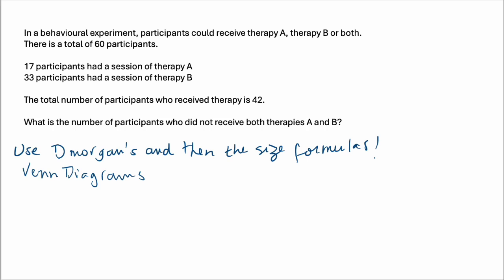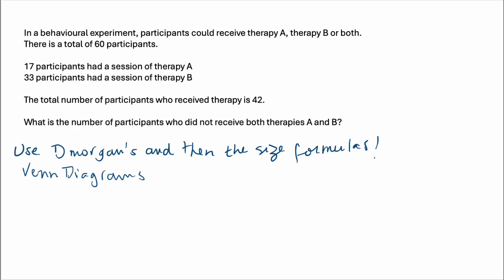There are 60 participants in this trial, right? 17 participants had a session of therapy A. They kept track of every participant that had a session of therapy A. And 33 participants had a session of therapy B. Okay?